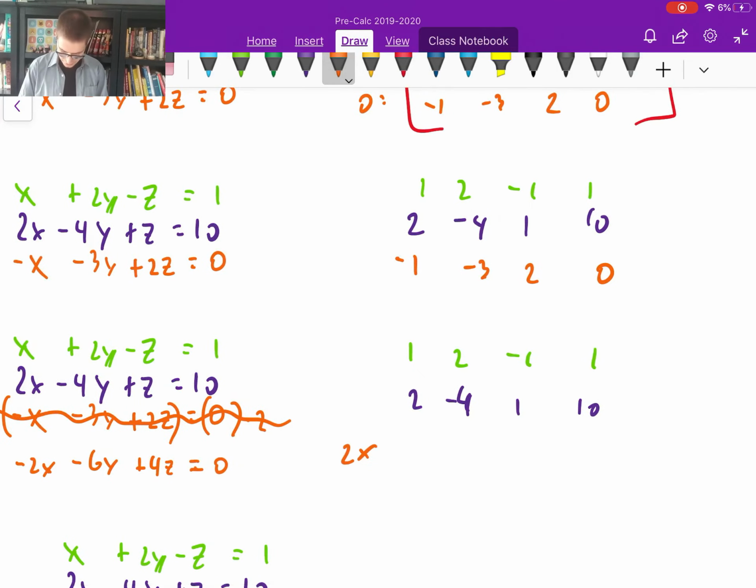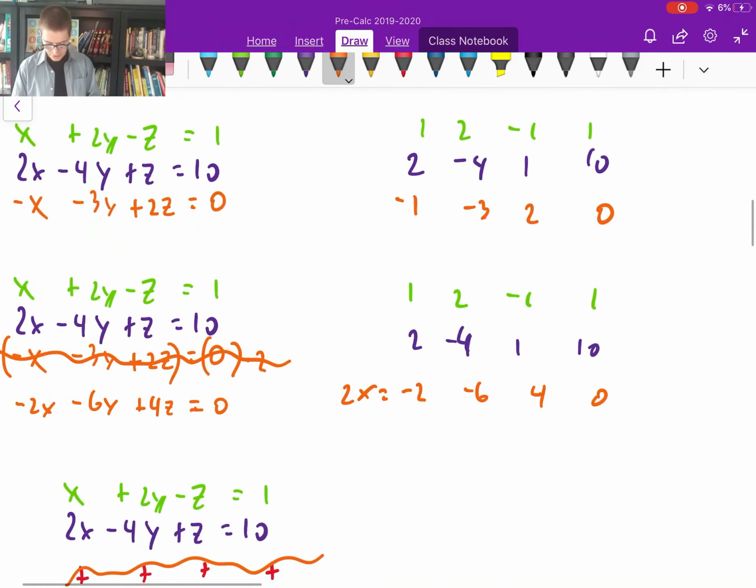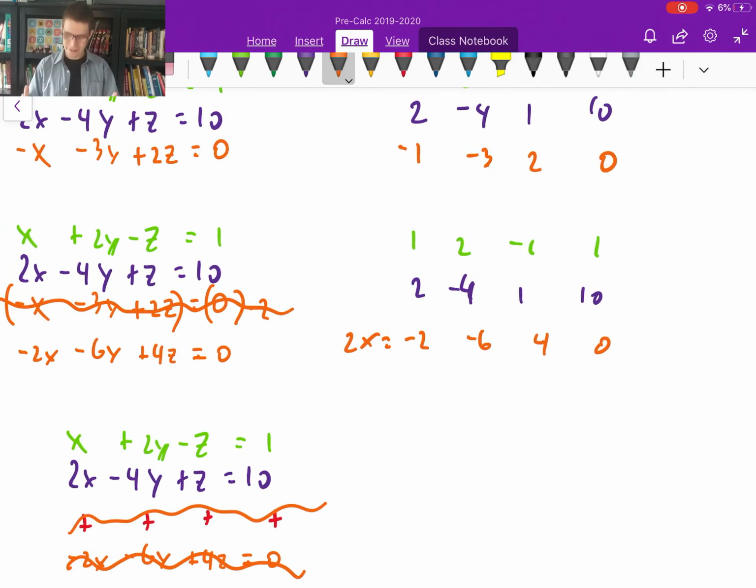So that gives me -2, then -6, and then 4 and 0. Cool. So a much faster method of doing the same thing. It's kind of like a shorthand in some ways. At first it's like a shorthand, then it becomes much more powerful. Let's talk about how it's shorthand first.